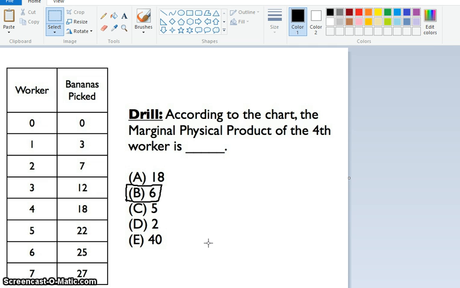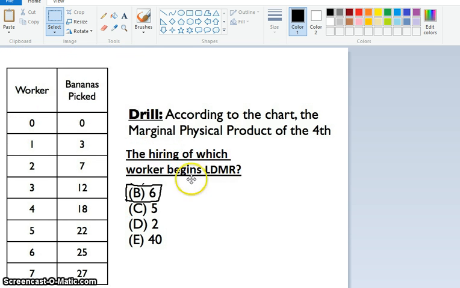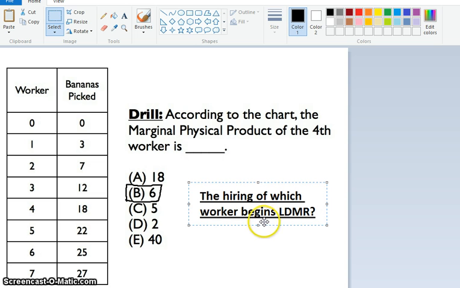But the other question I want to put up here, and it's not on your paper, but I'm going to add it here. The question is, and this is a popular one that comes up on the test, the hiring of which worker begins the law of diminishing marginal returns? Well, this is a test as to whether or not you understand what's going on with the marginal physical products that you calculated.